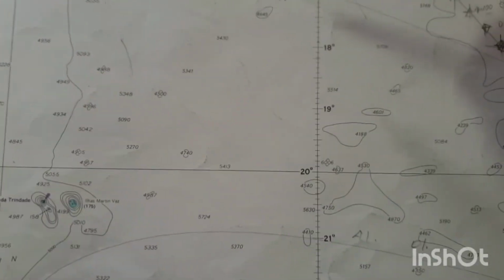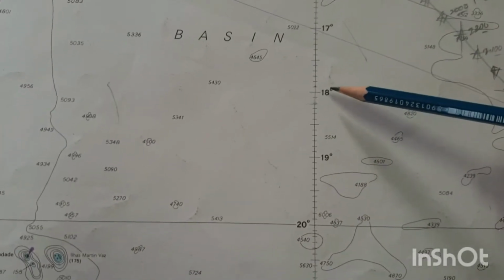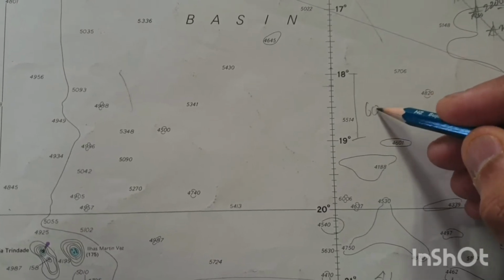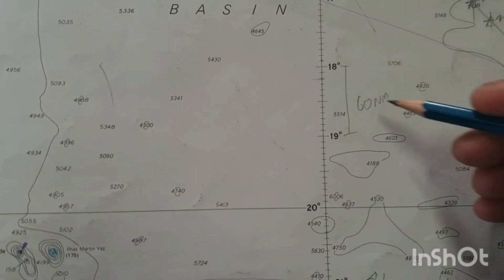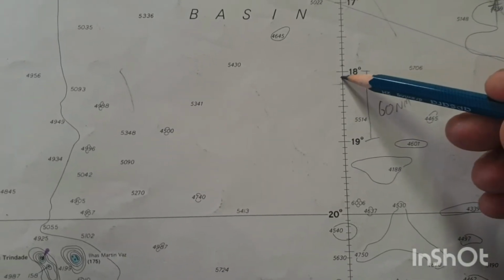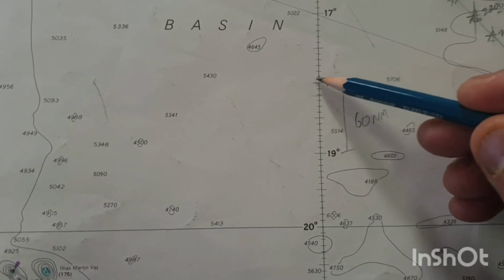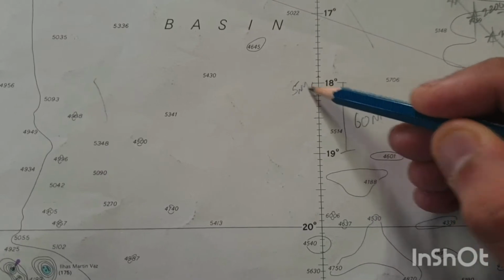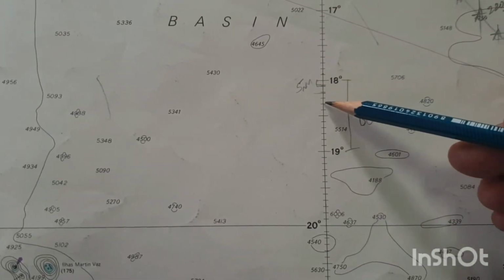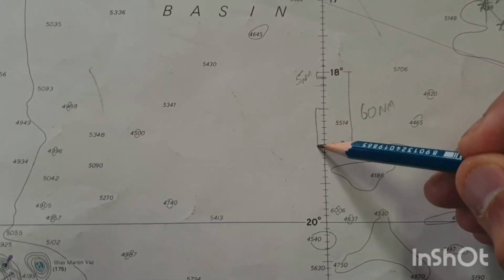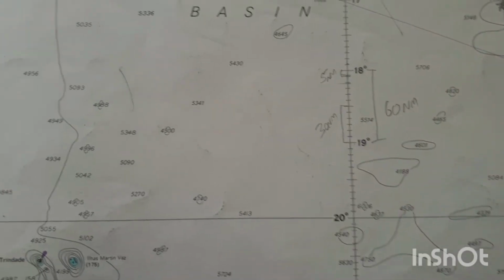If you see here, this difference between 18 and 19 degrees is a distance equal to 60 nautical miles. 1 degree is equal to 60 nautical miles, and this small segment is 5 nautical miles, 5, 10, 15, 20, and so on up to 60, and half of it is 30 nautical miles.